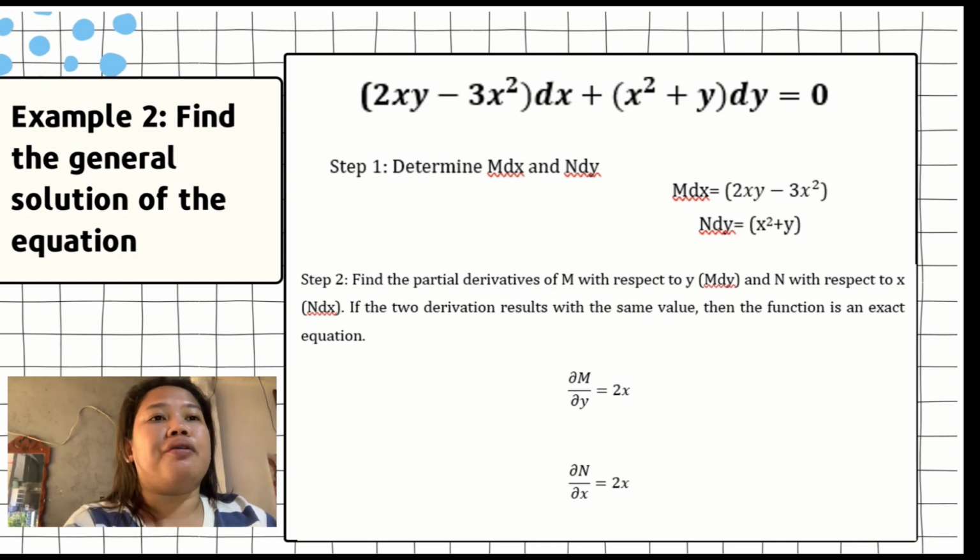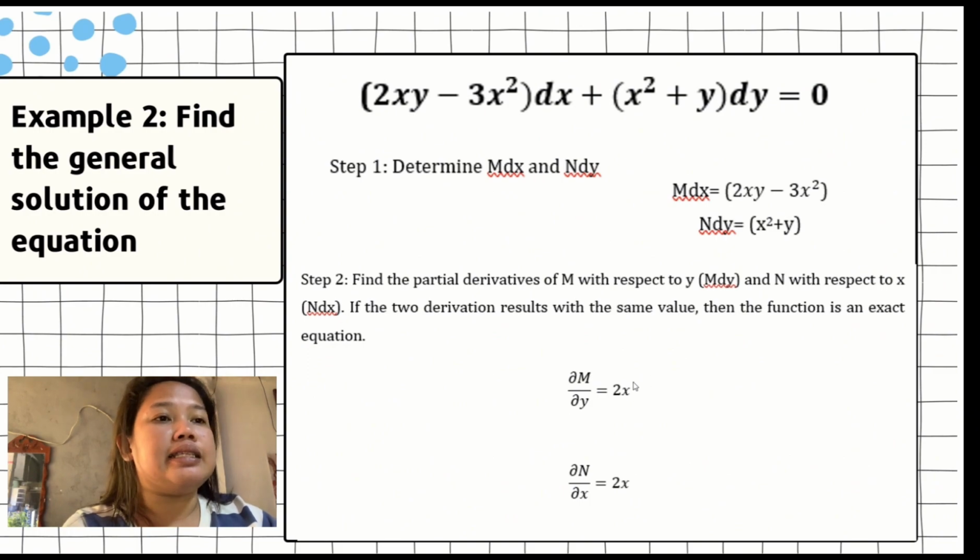So step 2, find the partial derivatives of m with respect to y and n with respect to x. If the two derivations result in the same value, then the function is an exact equation. So the partial derivative of m with respect to y would be 2x. Next would be the partial derivative of n with respect to x, which is 2x also.